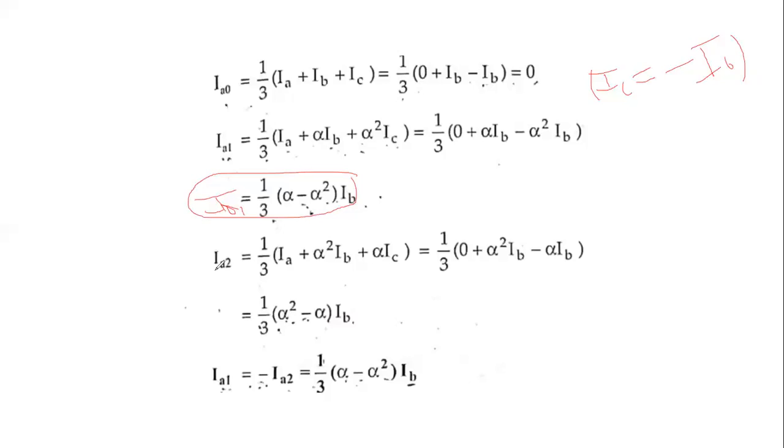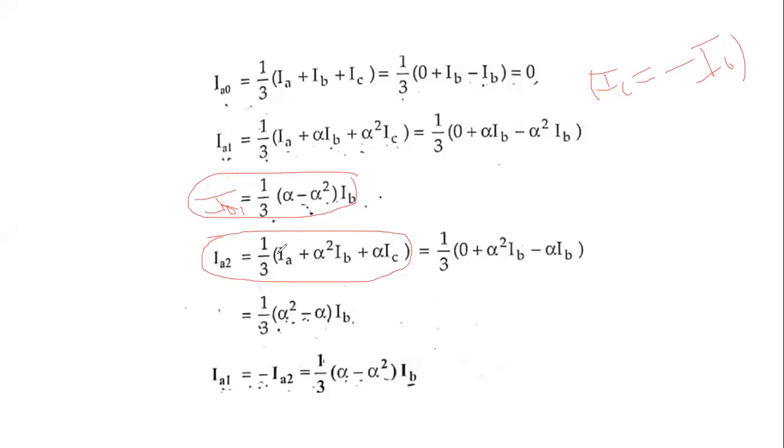Similarly we calculate IA2. What is the formula for IA2? Therefore IA2 is equal to 1/3 into IA plus alpha square IB plus alpha IC. Understand? Alpha square IB plus alpha IC.